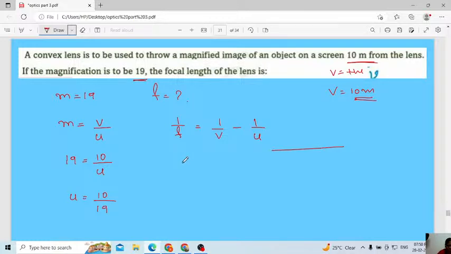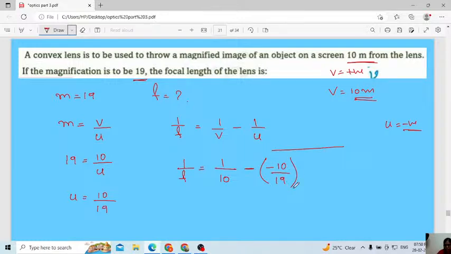1 by f you have to calculate. Then 1 by v is nothing but 1 by 10 minus, here minus sign is there. See here, whether in the case of a lens or mirror, always the object we will place in front, means always u it will be negative. Here in the formula also negative is there. Even though here you got the u value positive, here you have to consider negative.